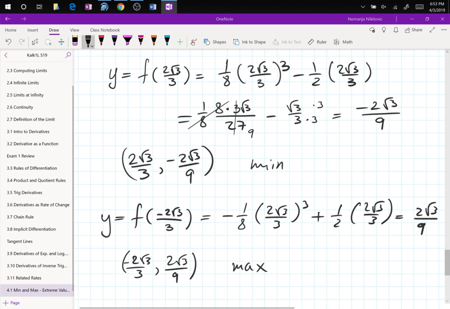This is completely different than when you have a vertical asymptote, because the vertical asymptote can trick you. You can have a minimum on the higher y value and the maximum on the lower.